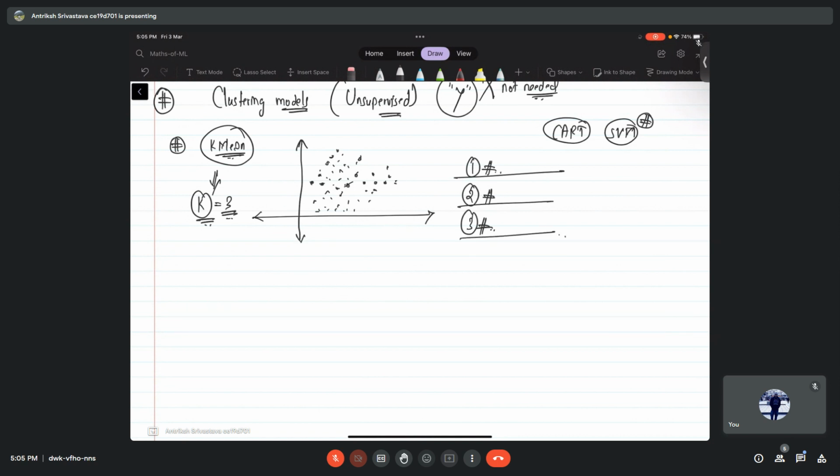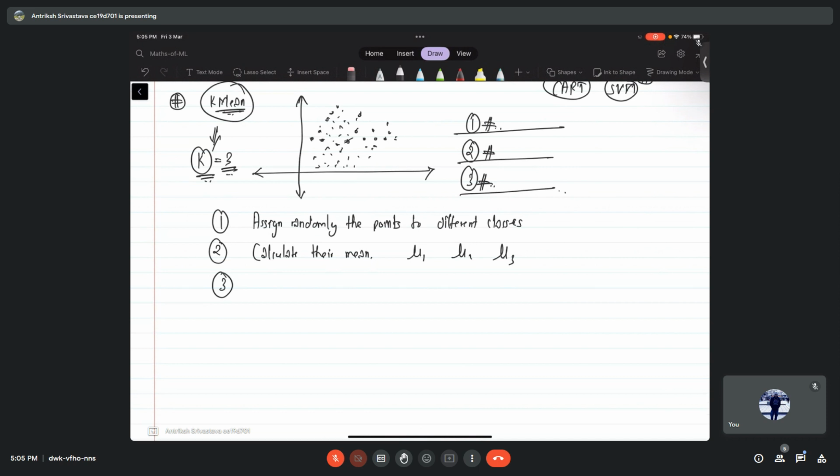So the first step is to assign the points randomly to different classes. Second step, calculate their mean. Now, how many means will we have? We'll have three means: mu 1, mu 2, mu 3.